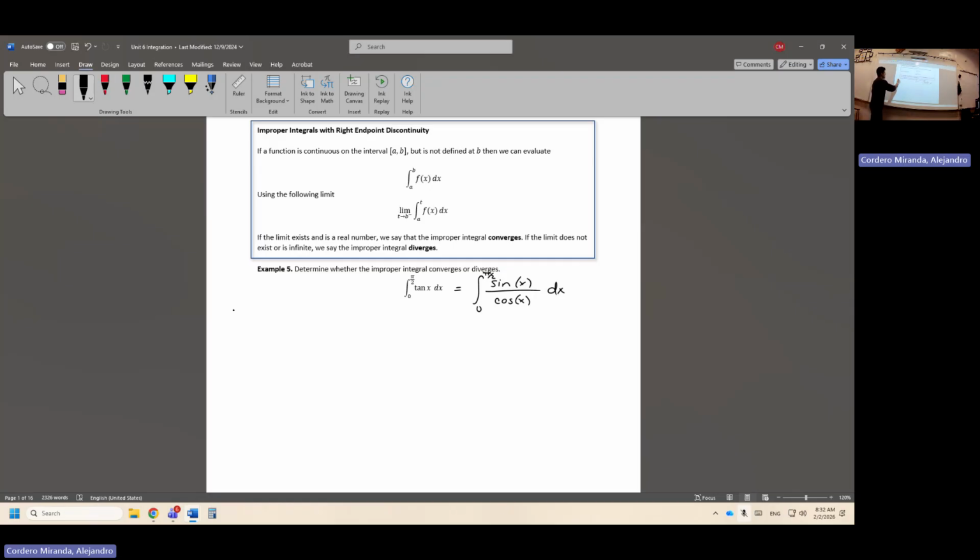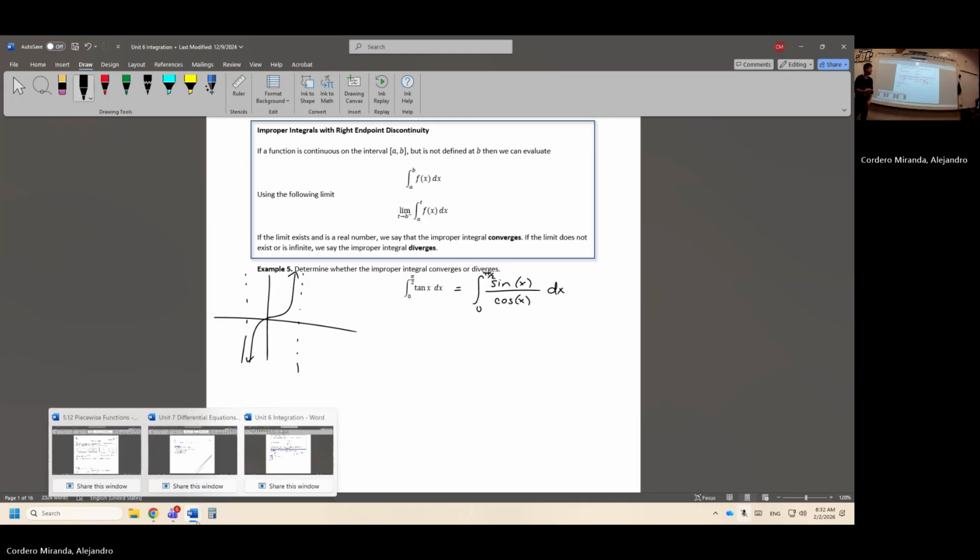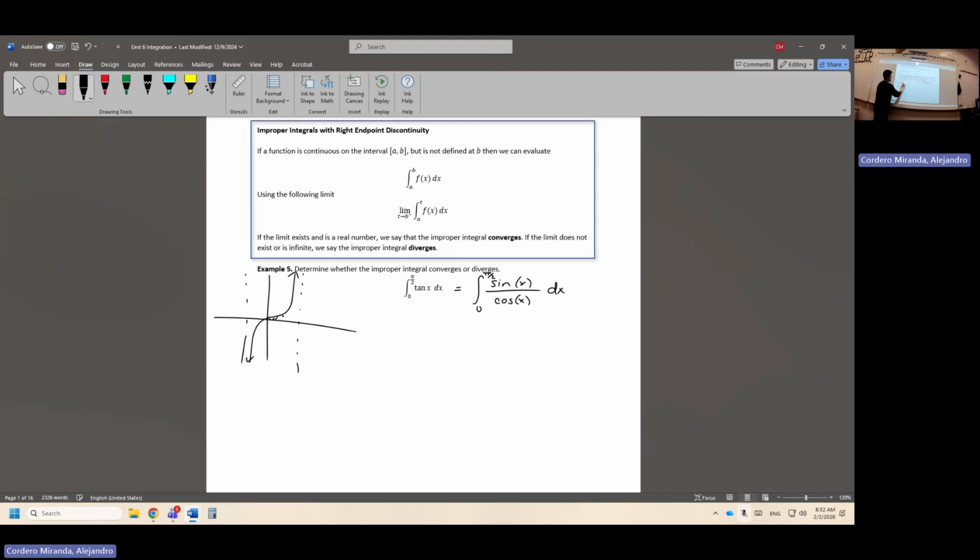So it has this vertical asymptote at pi over 2. Tangent looks like this. And so what's happening is for this area right here, boop, boop, boop, you can see the infinite nature of it, and that's why this is an improper integral.